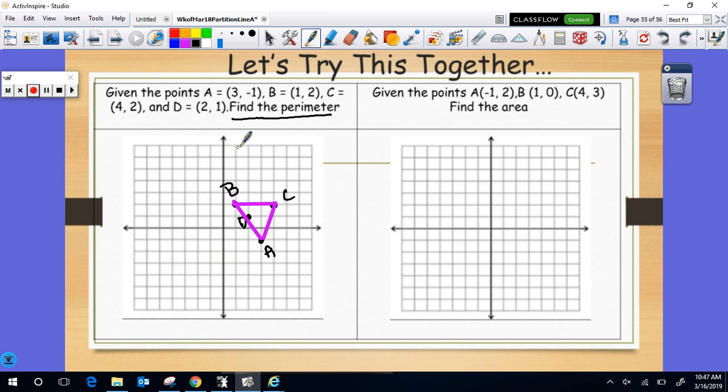So here we need to find a perimeter. So we need to find the distance of line segment BC, and we're lucky we can just count. That's 3. So we get equals 3 for that. Okay, so now we need to get the distance of line segment AC.